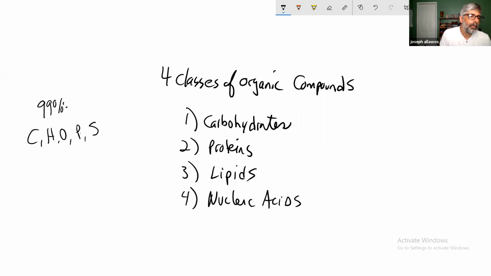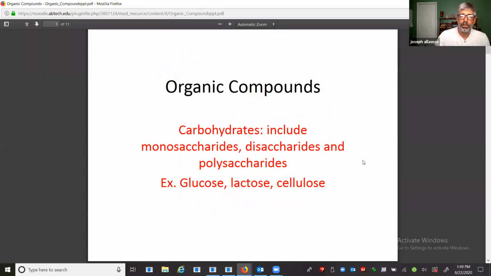And the other 1%, well, that's all the other stuff, all the micronutrients and minerals and whatnot. We're going to see these in pretty much all of them. Oh, I left nitrogen out, I'm sorry. Put an N in there for nitrogen. I thought I was missing something. Okay, there we go.